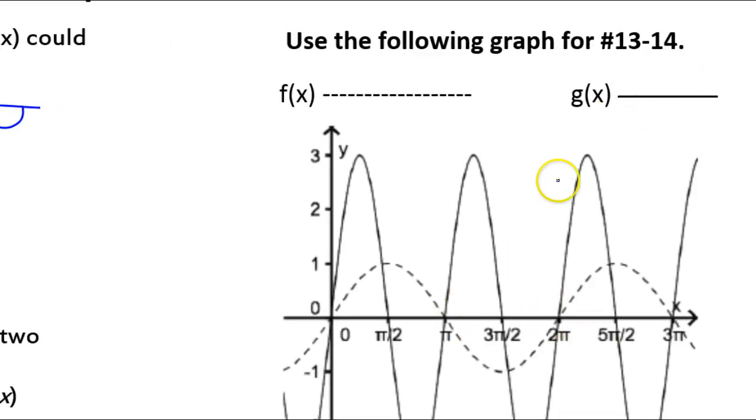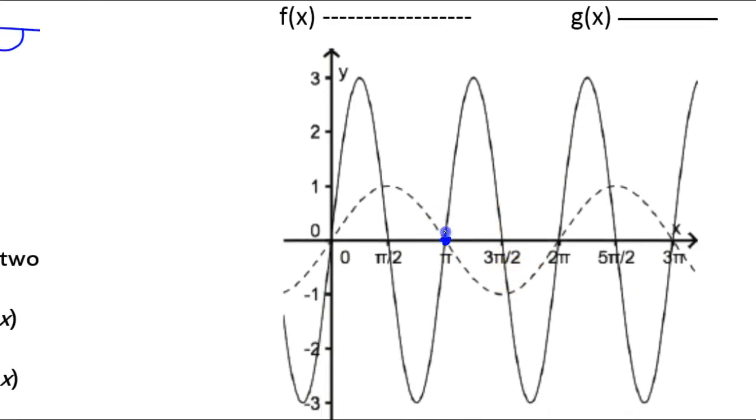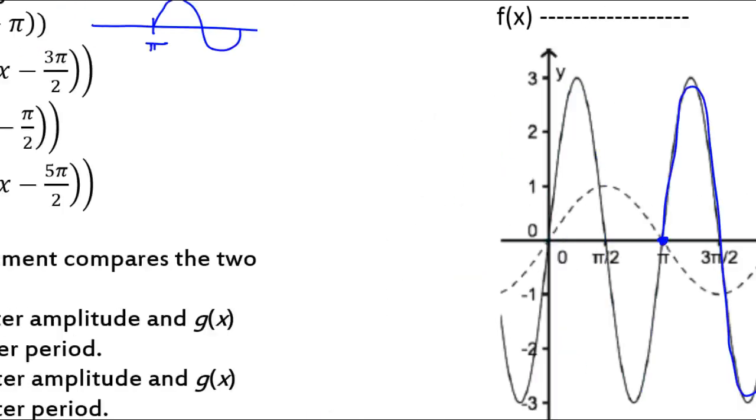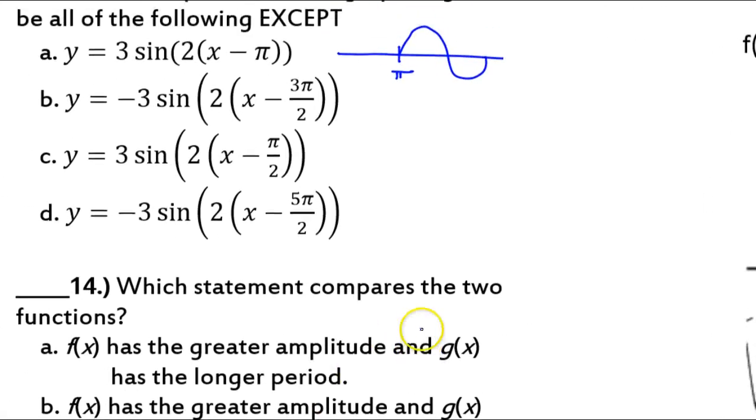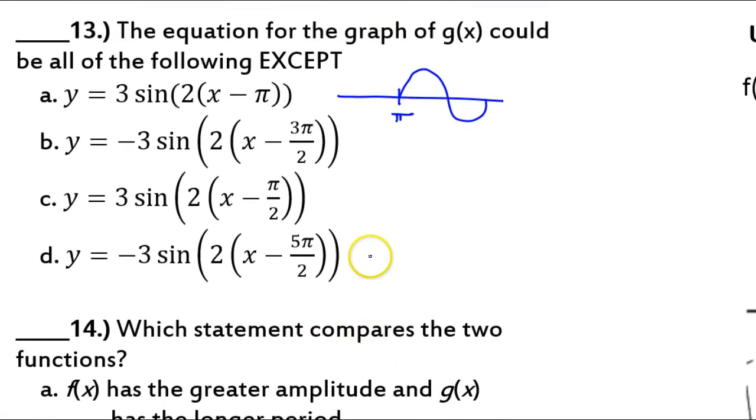Looking at just the solid one, here we are at pi and it starts at pi, and from there we could look at it as going up first and then down. So this is looking good for A. We're looking for the one that doesn't work, so so far A worked.